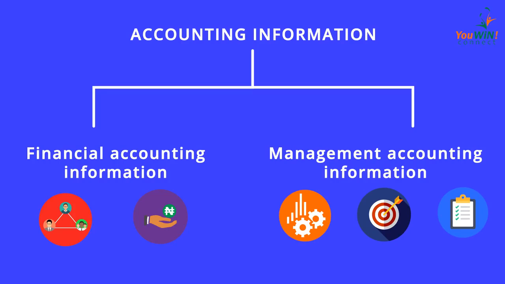The primary difference between financial accounting information and management accounting information is that management accounting information is customized and designed by management to suit their daily needs to make business decisions, while financial accounting information is required by law and has standards on how it is to be prepared.